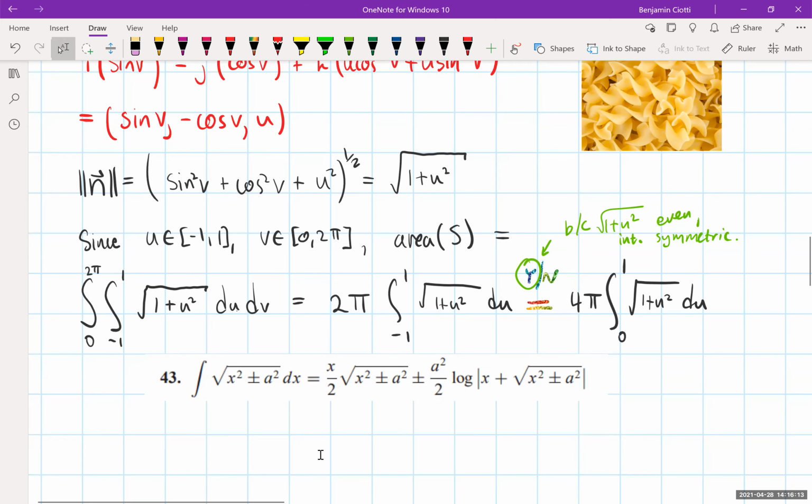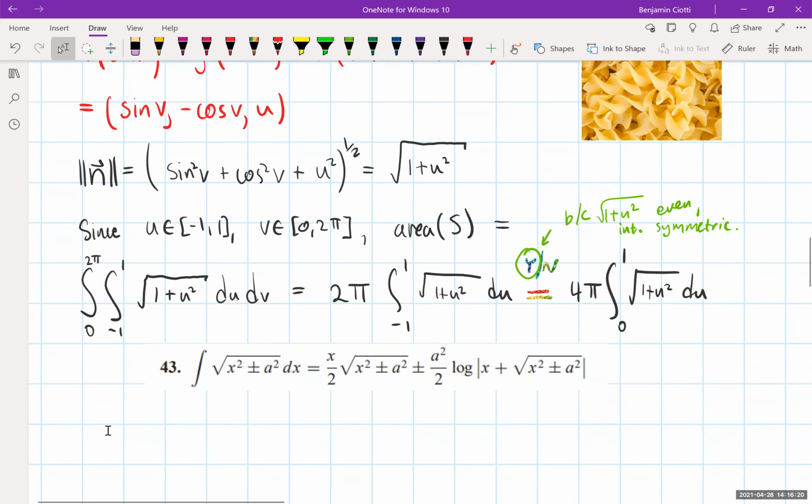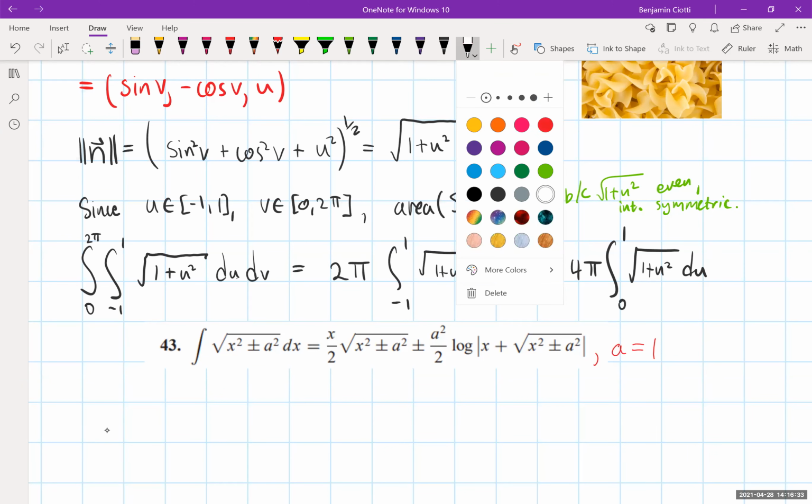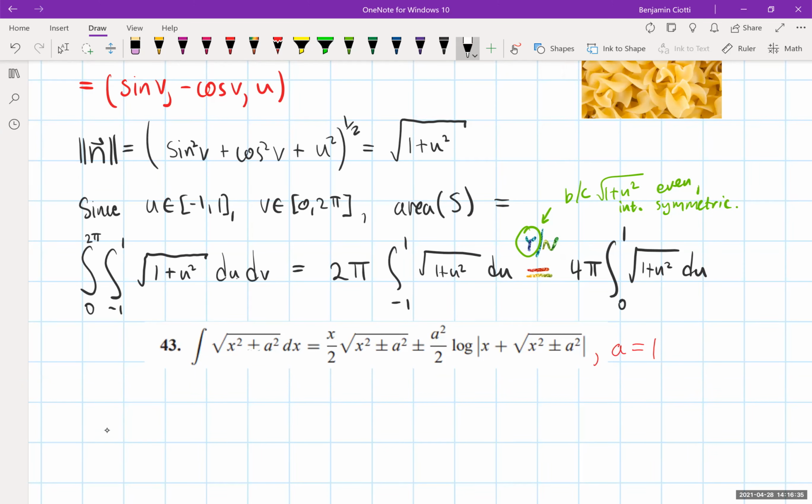Also, of course, you could use software to do this instead, but I'm keeping it old school. So comparing this integrand to the table, we see that a is 1, and we're dealing with the positive option.